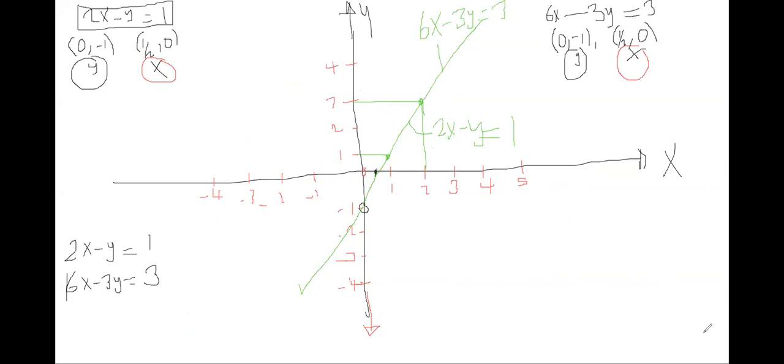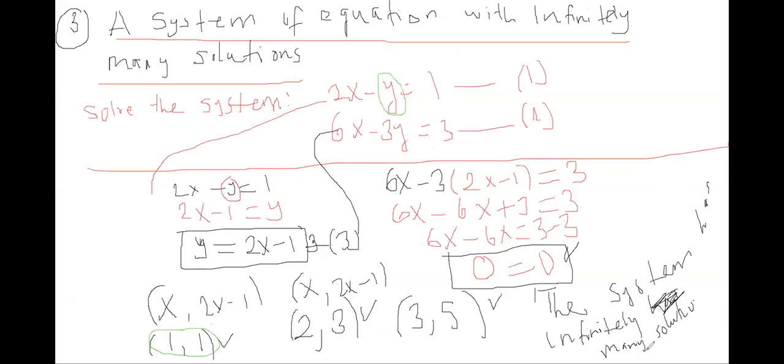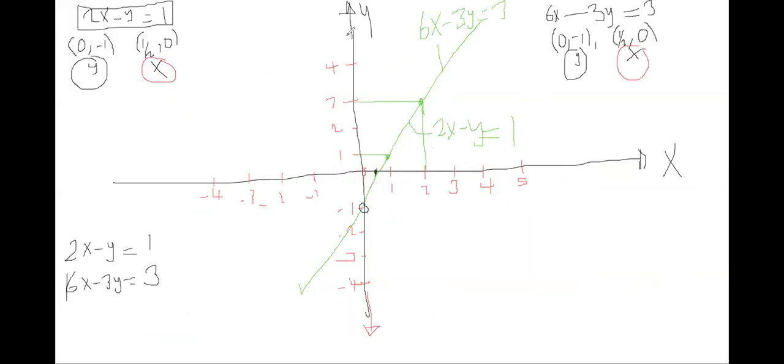And we also have (3, 5) as a solution. And (4, ...) is a solution as well. So it goes on, until infinity. In mathematics, this is the sign for infinity.